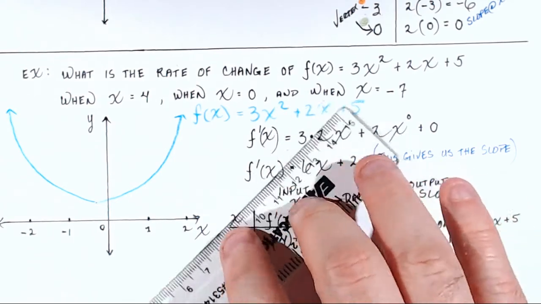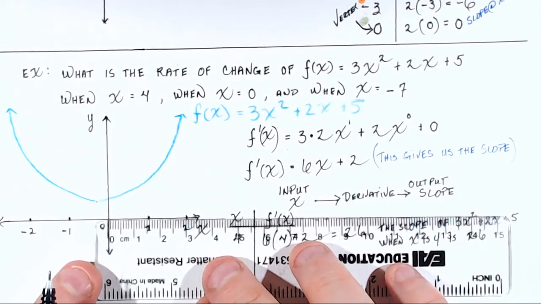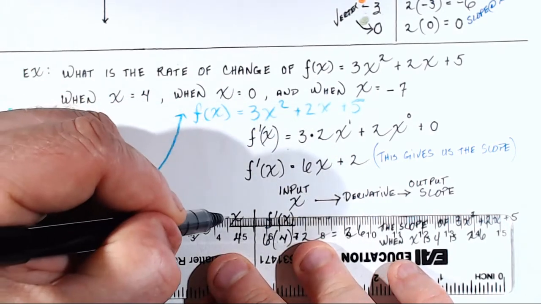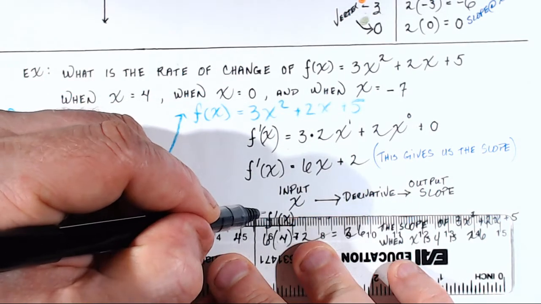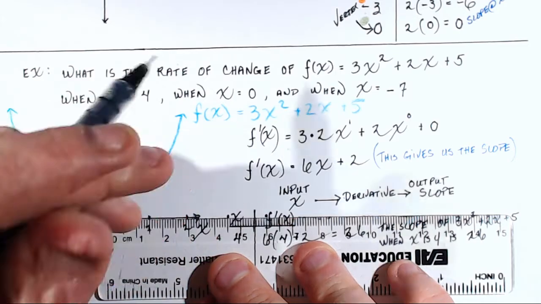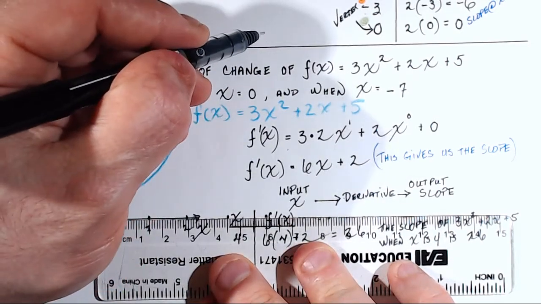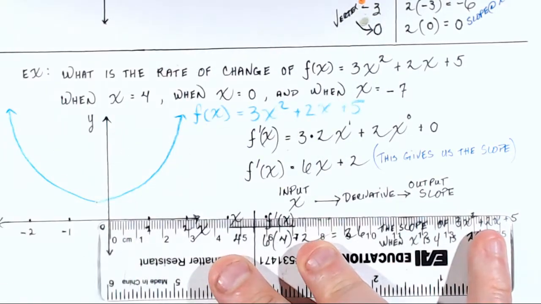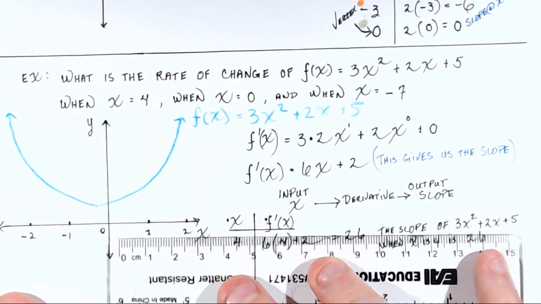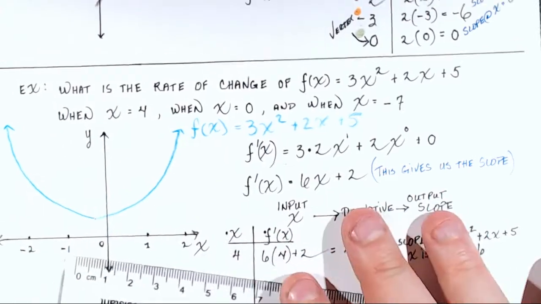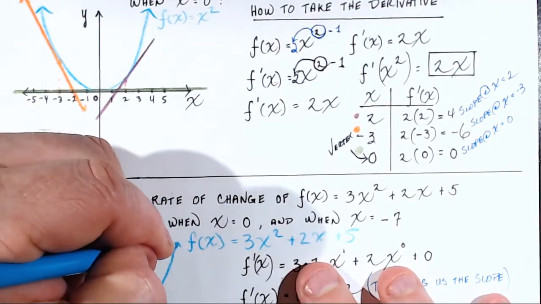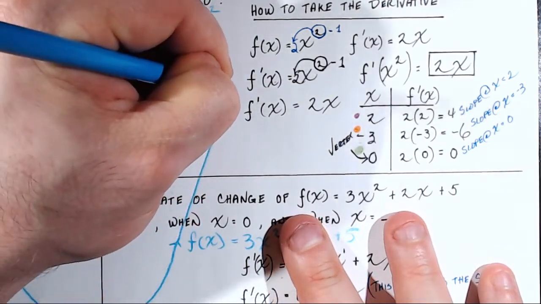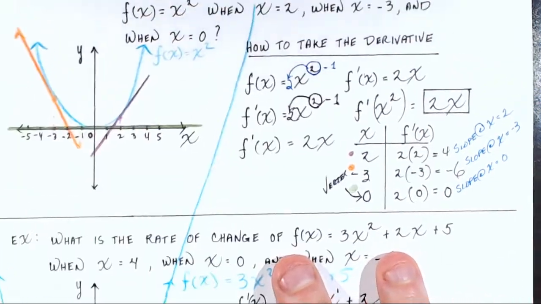If we were going to draw that in, we would have to keep going with our little scale. Put in 3 here, and 4 would be right there. Somewhere way up here, if you think about this function. So I'm going to continue this graph out. It just keeps going, right?